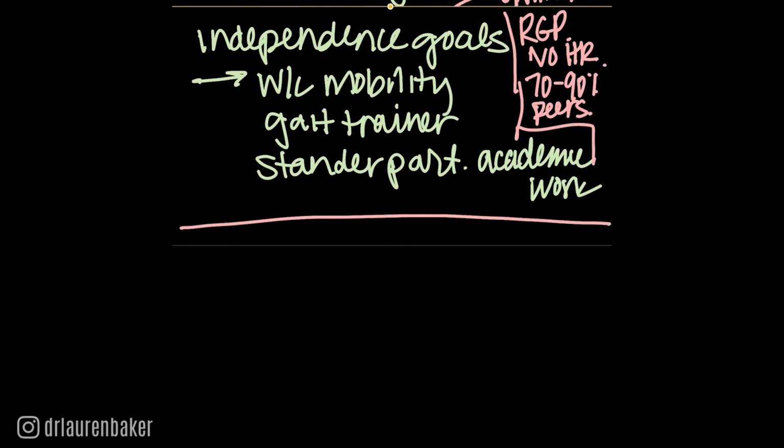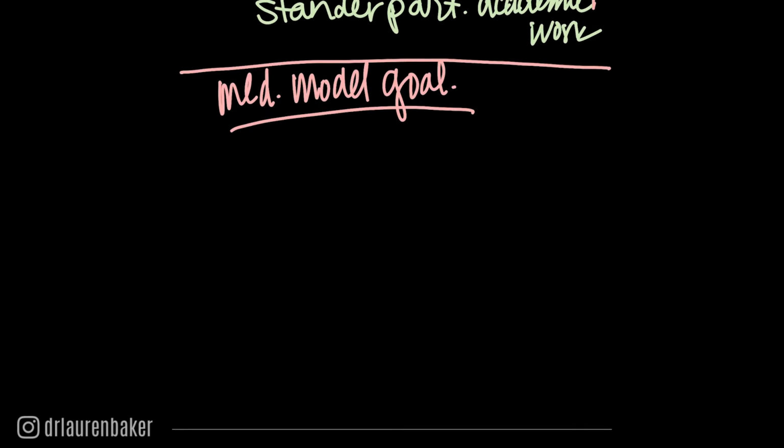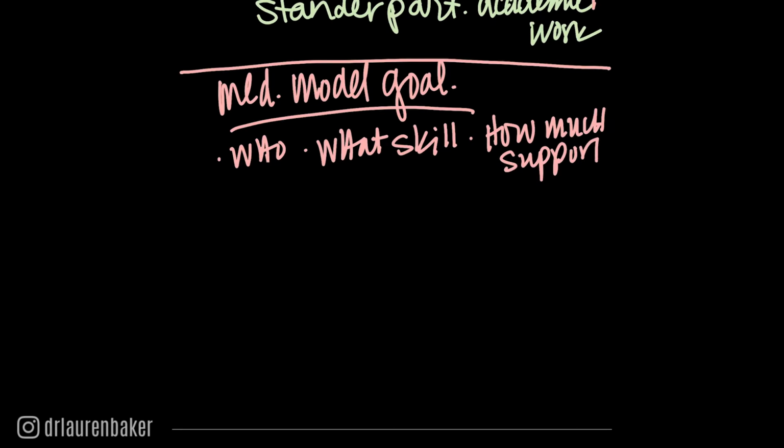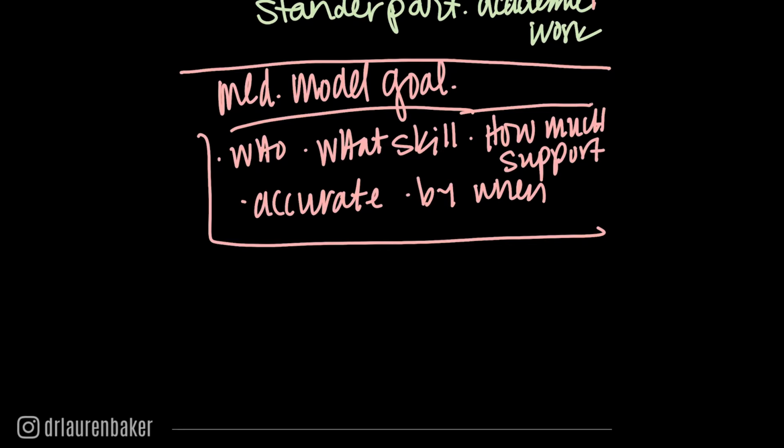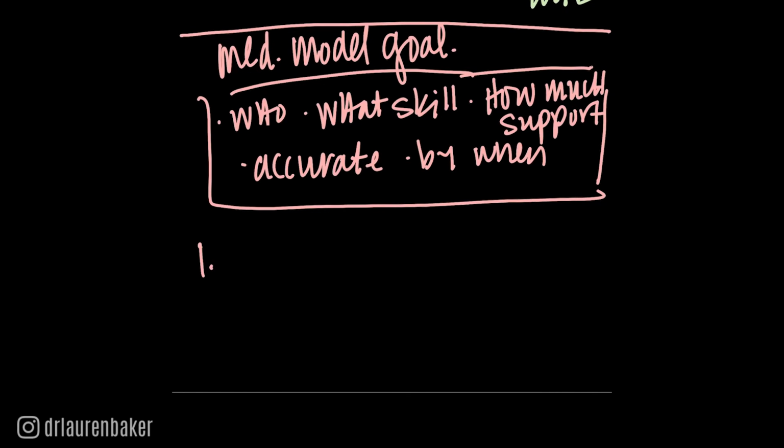Let's talk about what a medical model goal would be. What that goal is going to look like, it's going to be a gross motor milestone. It's going to have the components: the who, what skill, how much support, how accurate, and by when. Whether this is in the medical model or the educational model, you really do want all of these components together. So in the medical model, say you want to overall have a goal of a kiddo being able to get up off the floor and walk to a preferred toy.